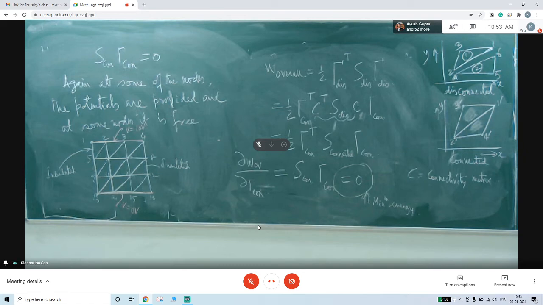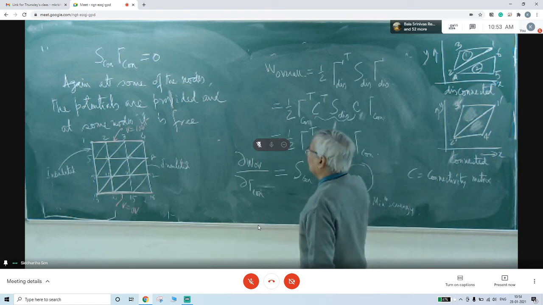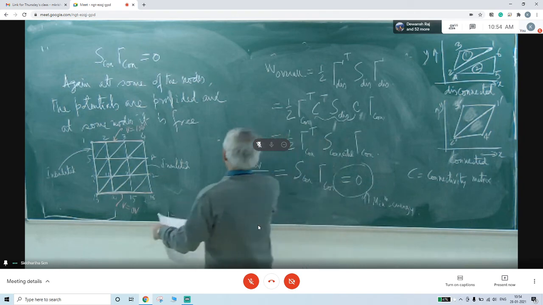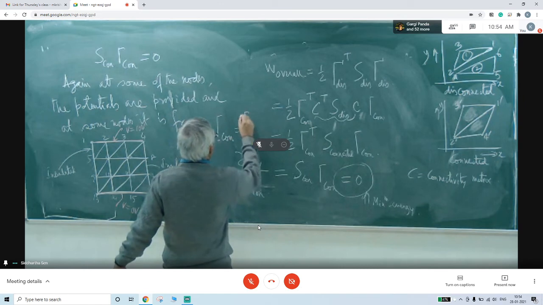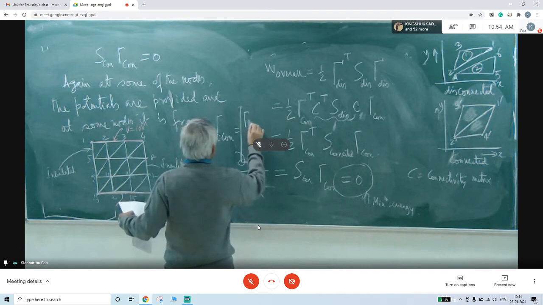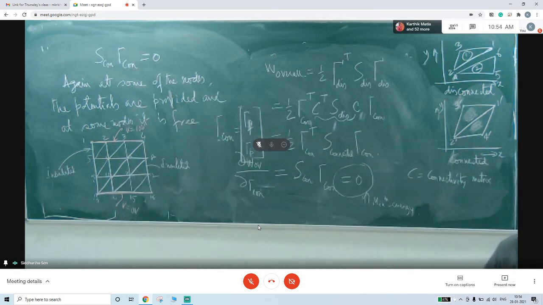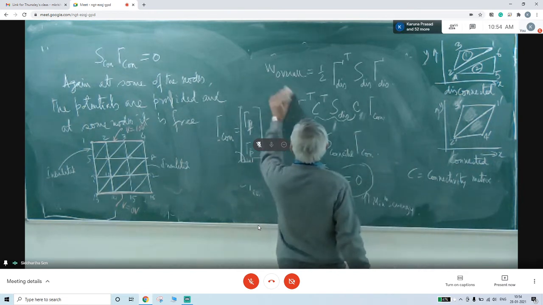So basically this S connected or lambda connected vector, I can divide into 2 parts: lambda connected is equal to lambda F and lambda P, that is the potentials at the nodes which are free and the potentials at the nodes which are prescribed.